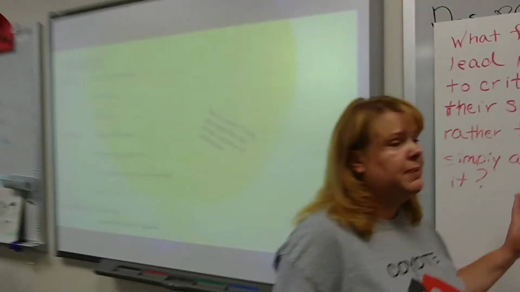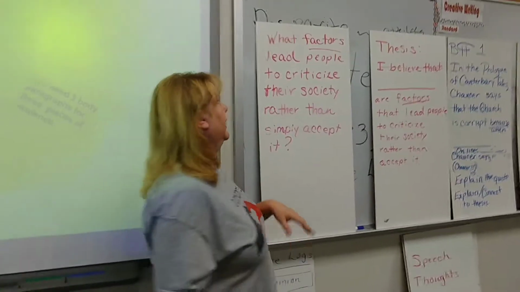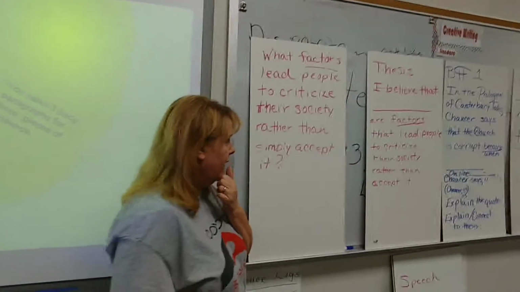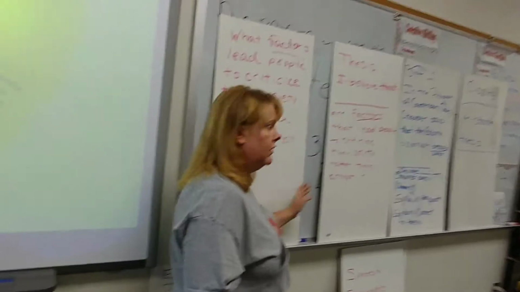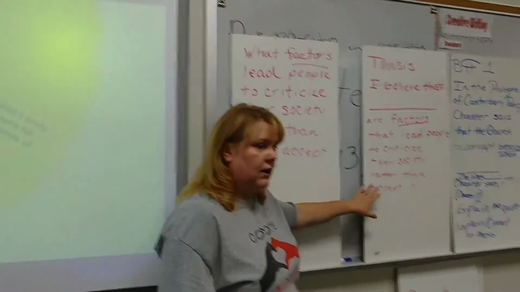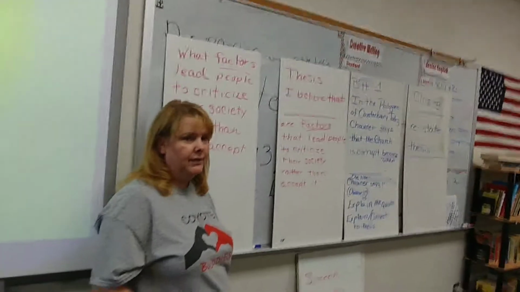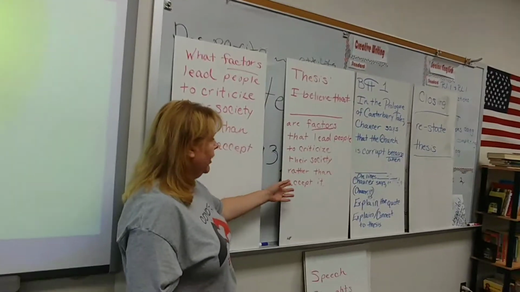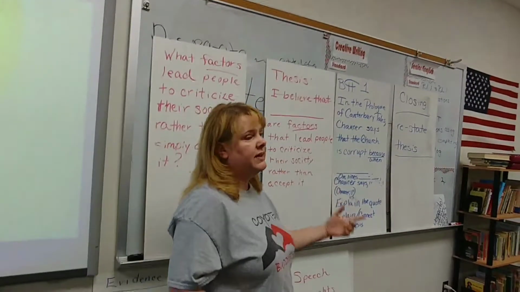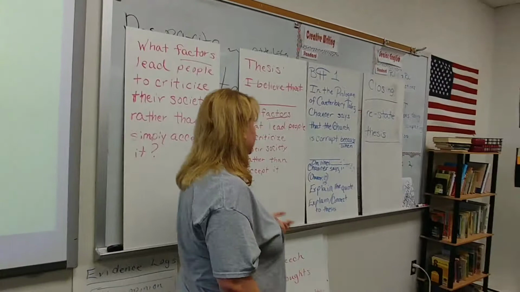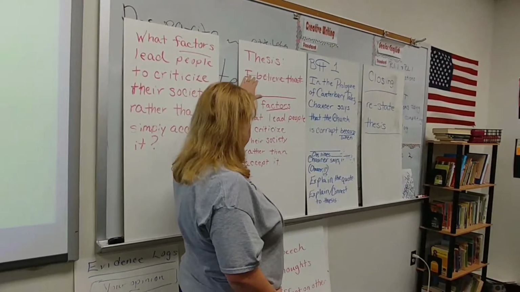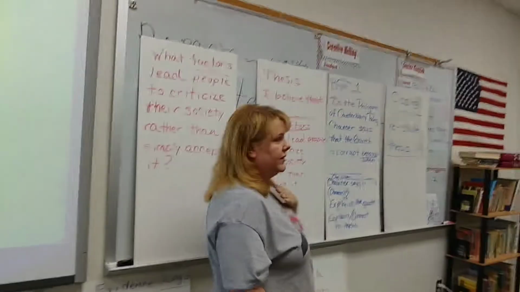The first thing that we need to pay attention to is what factors lead people to criticize a society rather than simply accept it, all right? From there, we need to create our thesis. Our thesis is our driving force, and it helps us think about what we're going to be saying in the paper, all right? So this is what I do.